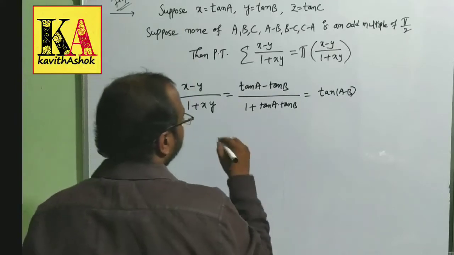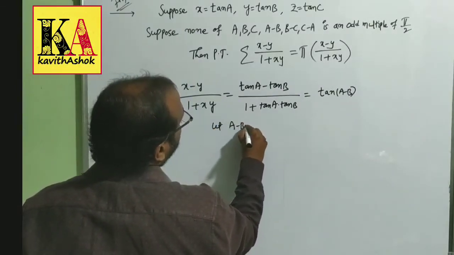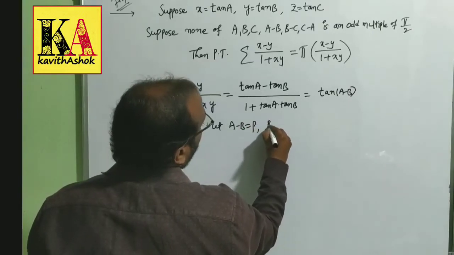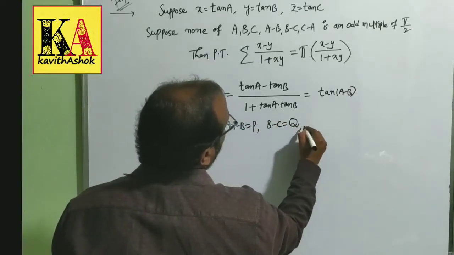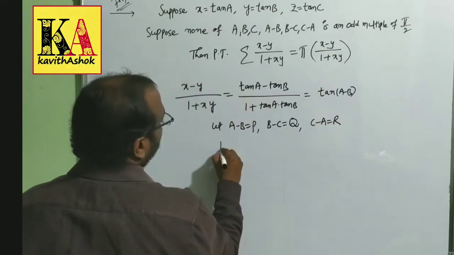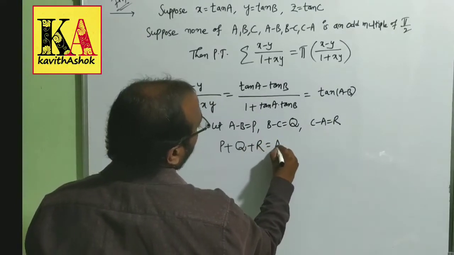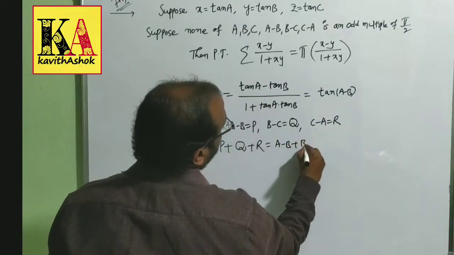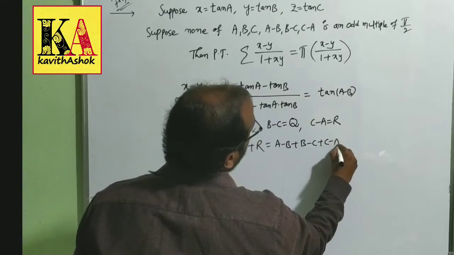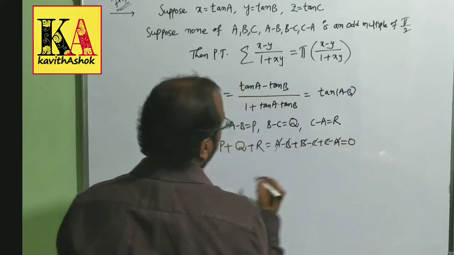So now, let A minus B is equal to P, B minus C is equal to Q, C minus A is equal to R. Then P plus Q plus R is equal to A minus B plus B minus C plus C minus A. A gets cancelled, B gets cancelled, C gets cancelled, we get simply 0.